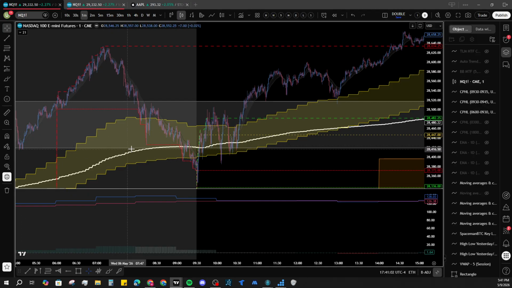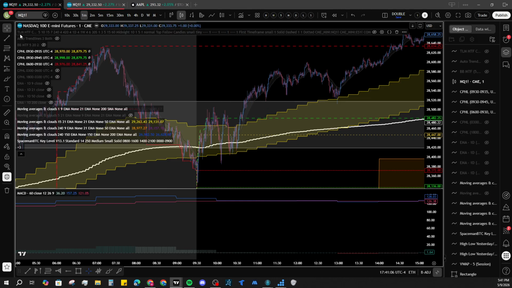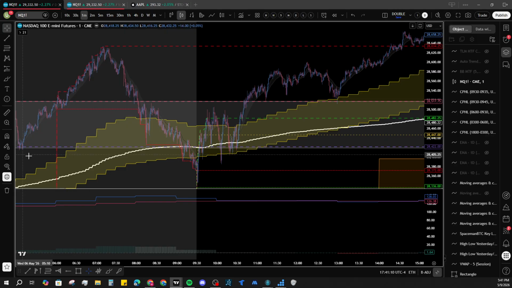So now we have a zone that I like. So you can see Asia's high, London's high, and that's the box that I made on this chart. It's the same ticker and everything.